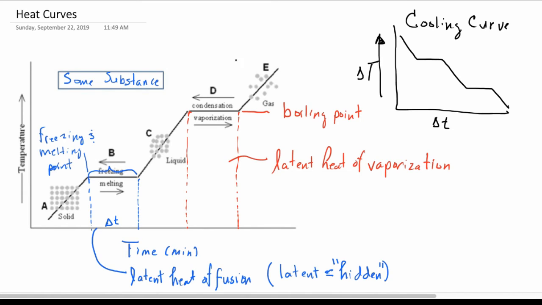And one last thing. When we're talking about these parts right here, where the thermometer could actually give you a specific reading, we call this specific heat of a substance.